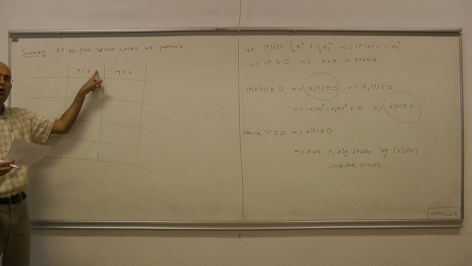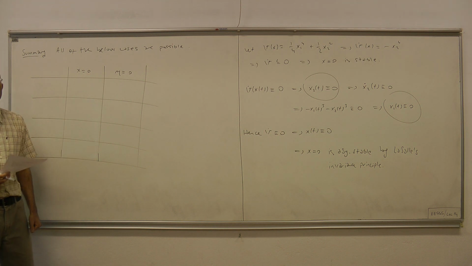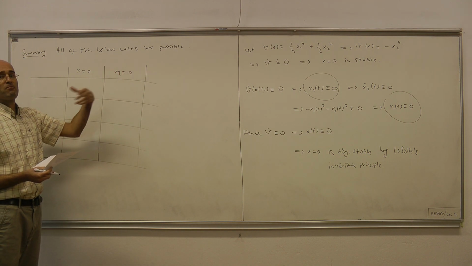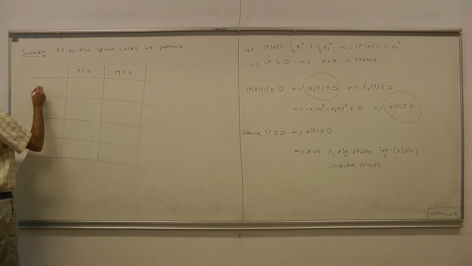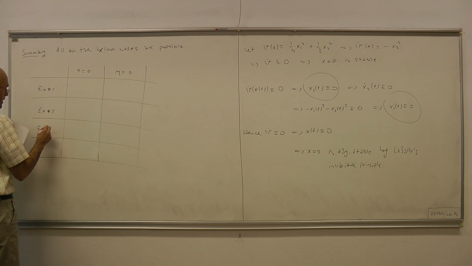This is the origin of the nonlinear system, and eta equals 0 means we talk about the origin of the linearized linear system in the second column. Example 1, example 2, and we have the last 2 examples.